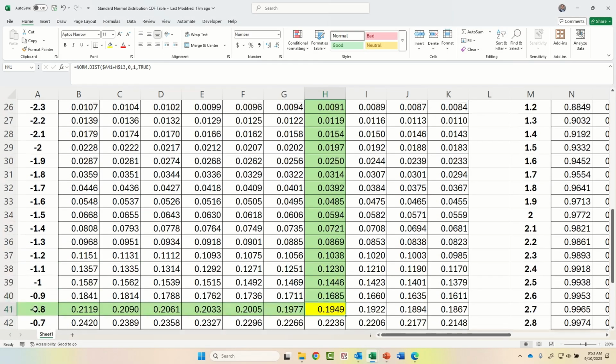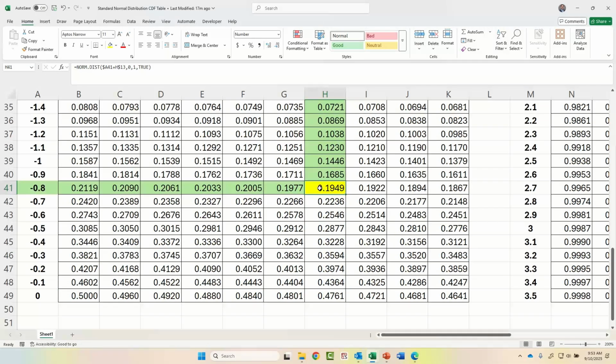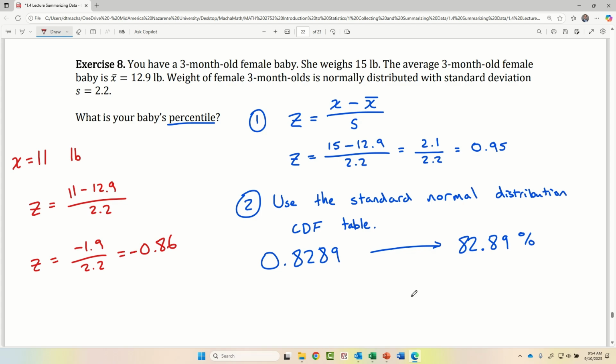And at the intersection of this row and this column, we find 0.1949. And this is what we got from looking at the table.